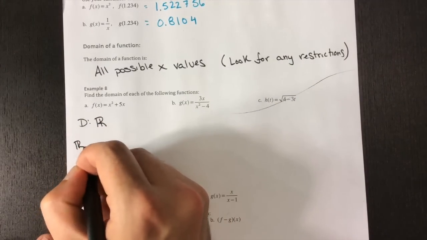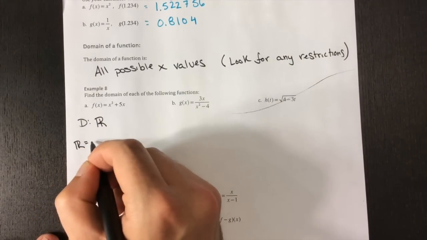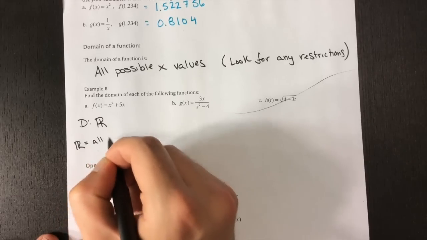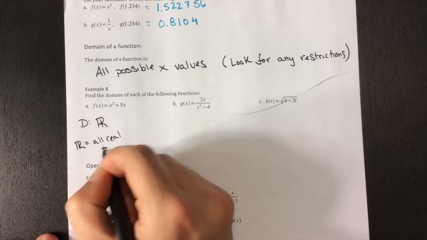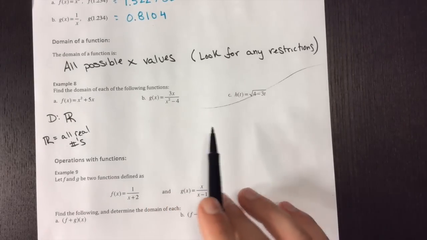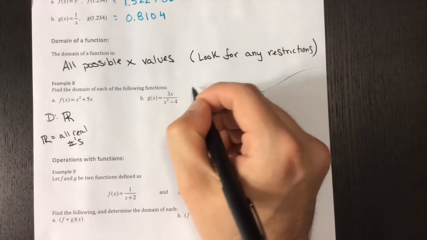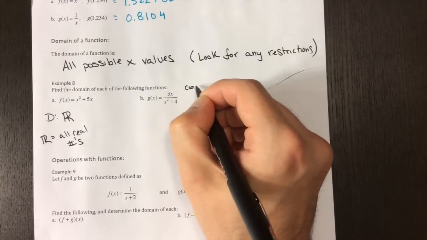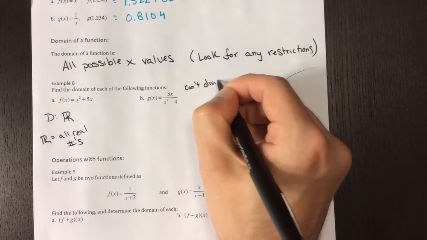And just so we remember, this symbol is the set of numbers that includes all real numbers. So we're going to use set notation this year, and it's just a bold R. How about B? What is the domain of B? Well, we should remember from fractions that we can't divide by 0.